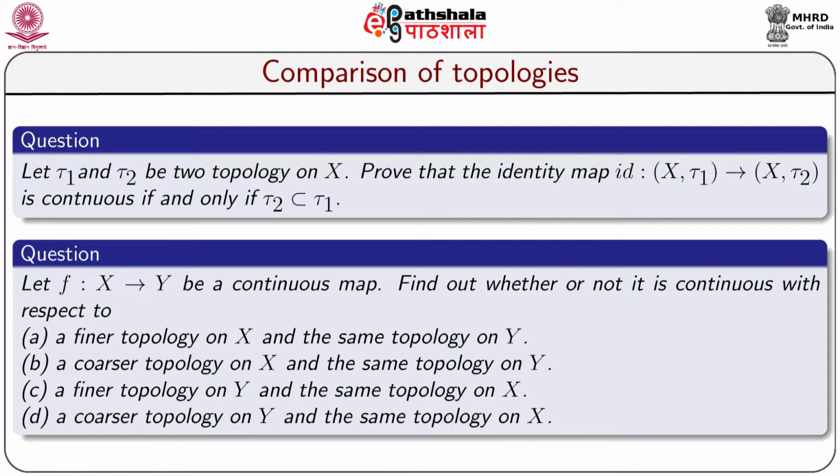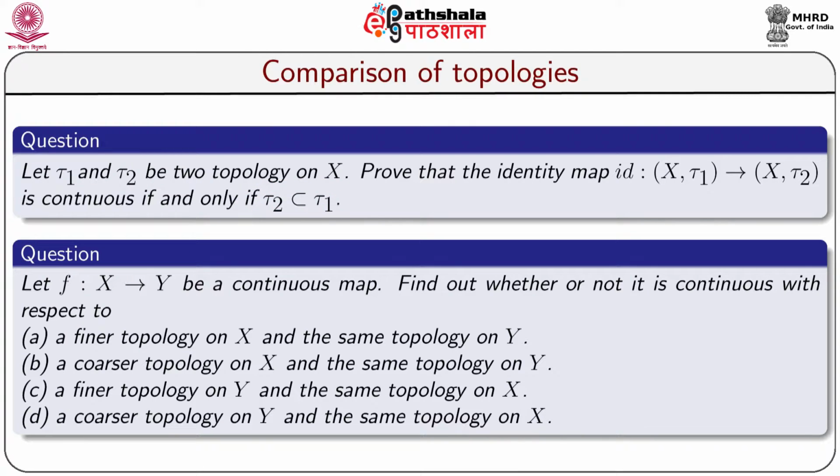Using this continuity criterion, we can compare topologies. Let us see first the following question. Let tau 1 and tau 2 be two topologies on X. Prove that the identity map from (X, tau 1) to (X, tau 2) is continuous if and only if tau 2 is contained in tau 1.